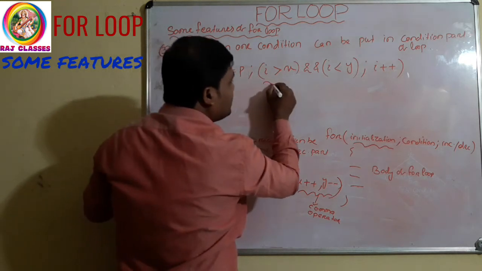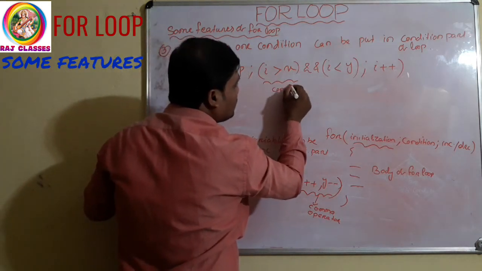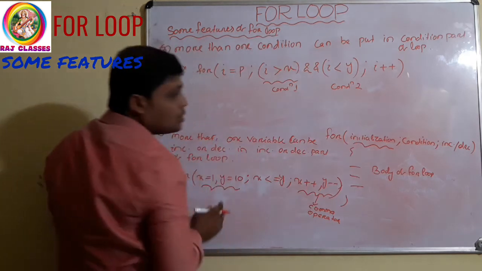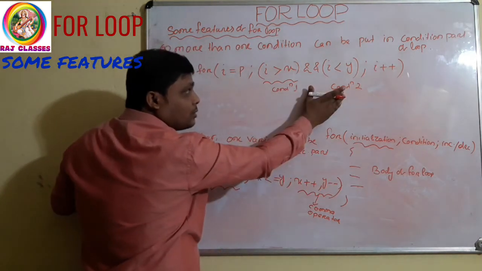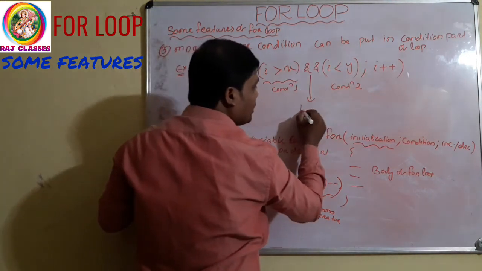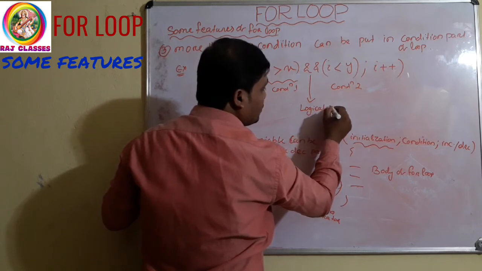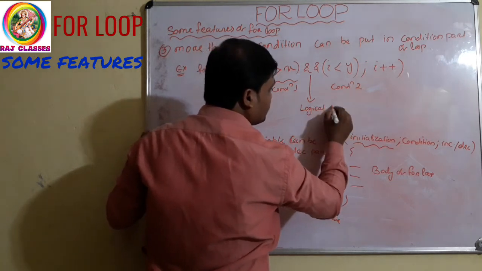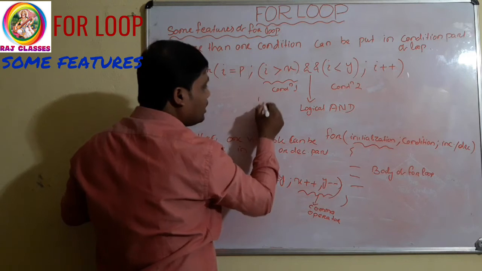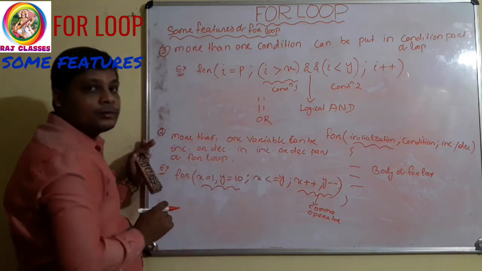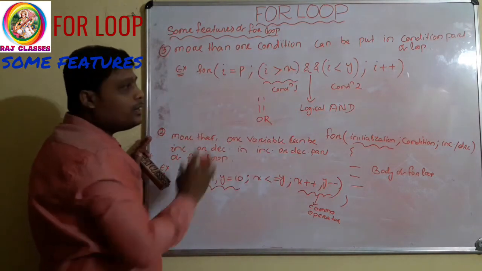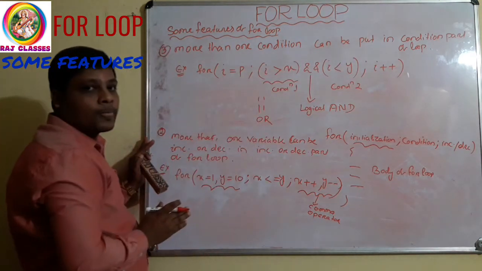Clear? Here you can see this is one condition, condition 1, and this is condition 2. So I can write more than one condition, but that will be one compound statement using different operator. This operator is what? Logical AND. Clear? This is logical AND. You can use logical OR also. This is logical OR. So you have to use different operators to make one compound expression when you are writing more than one condition. Clear?